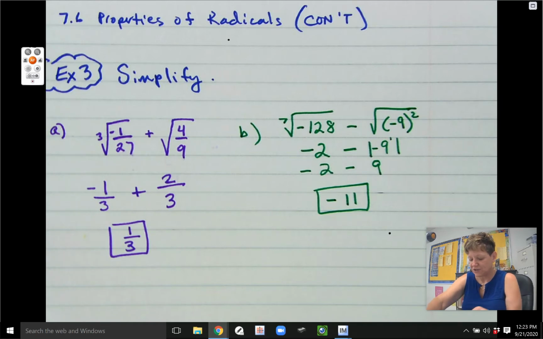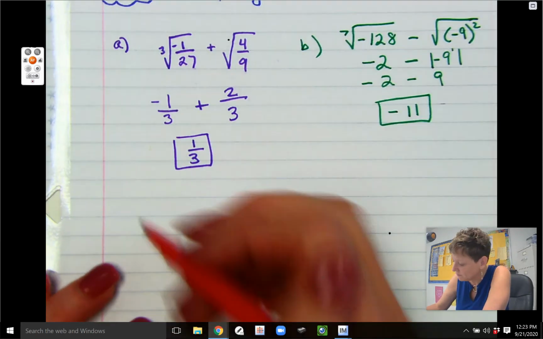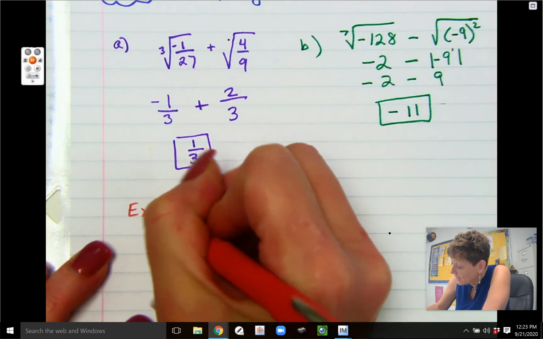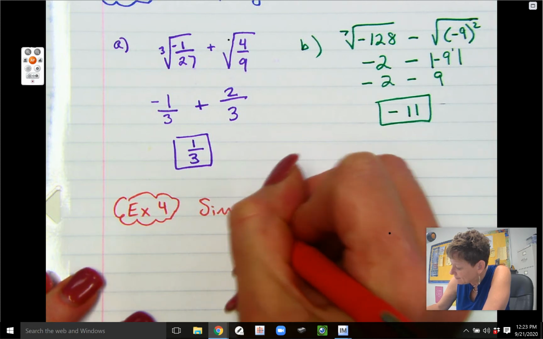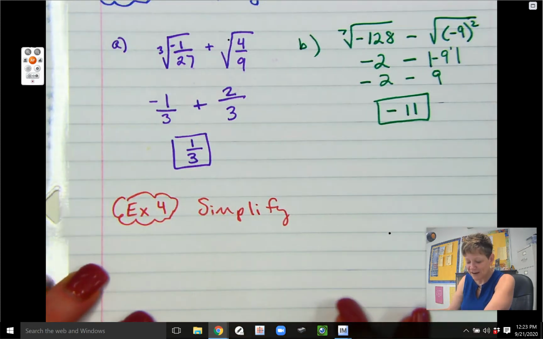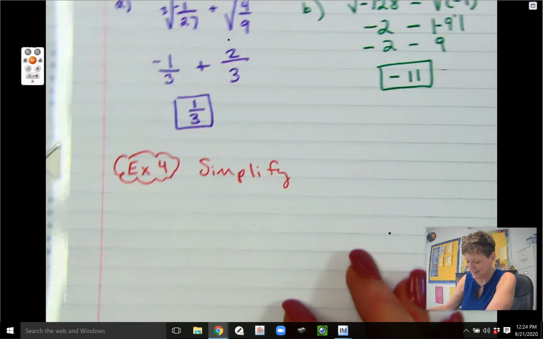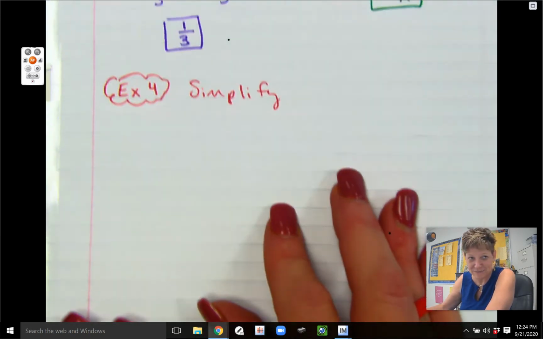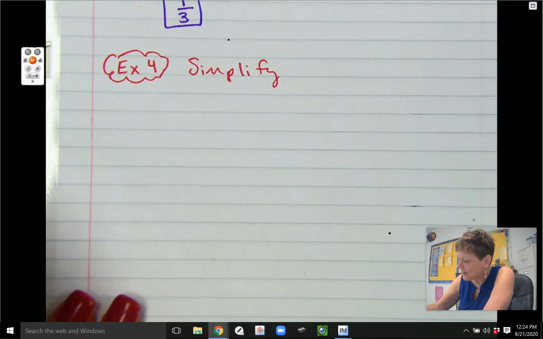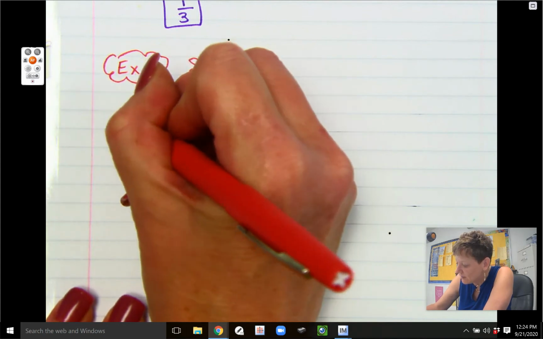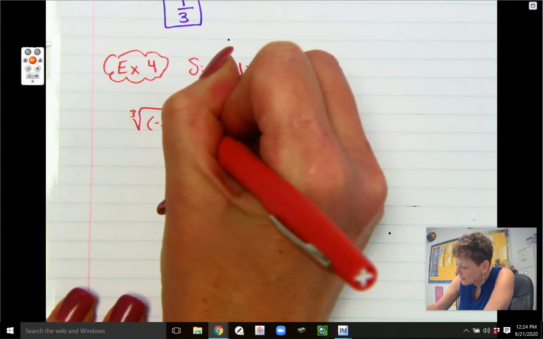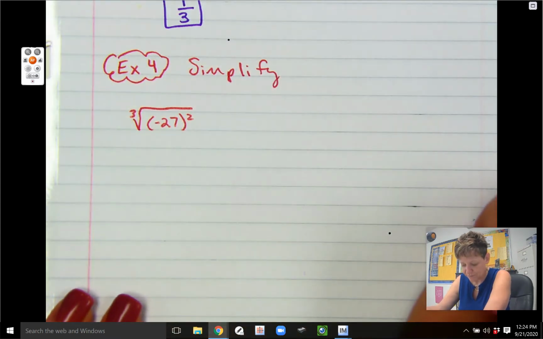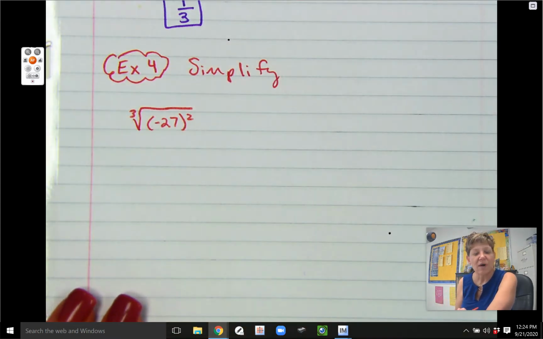All right, let's go on to example 4. We are going to simplify. That's one of our favorite things to do in math. We are going to have the cube root of negative 27 squared. So I have a choice.